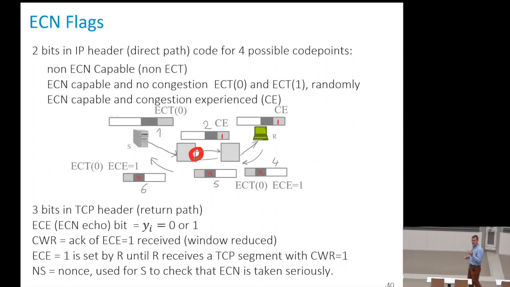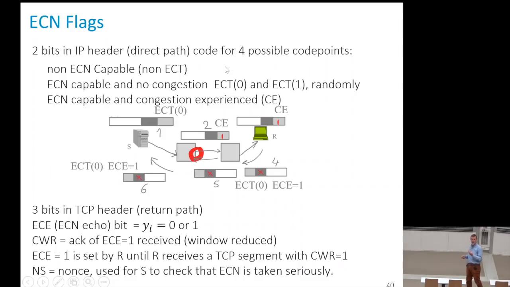So we have only 3 possible values, but of course, if there are 3 possible values in a field that can take 4 values, the engineers will use the 4 values. This is what they did here, and we will see the reason for that. So the 4 values are such that in total we can have 4 code points: non-ECN capable, and ECN capable with no congestion, but there are 2 possible ways to signal this.